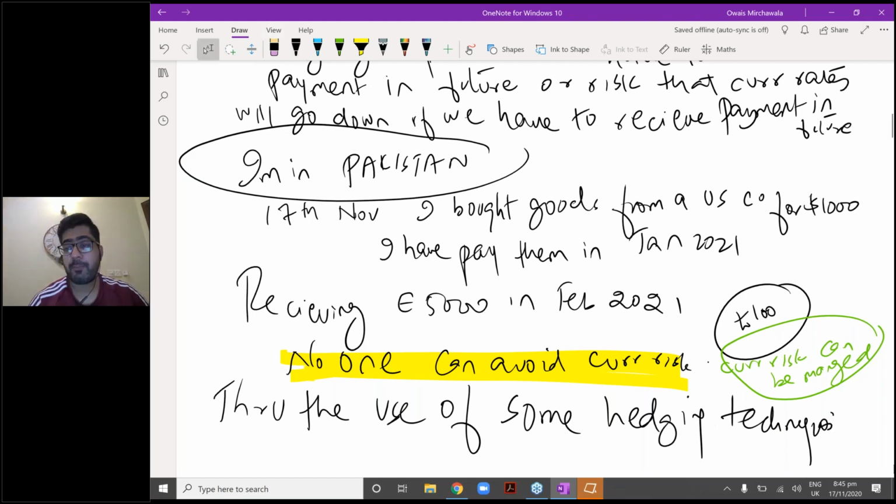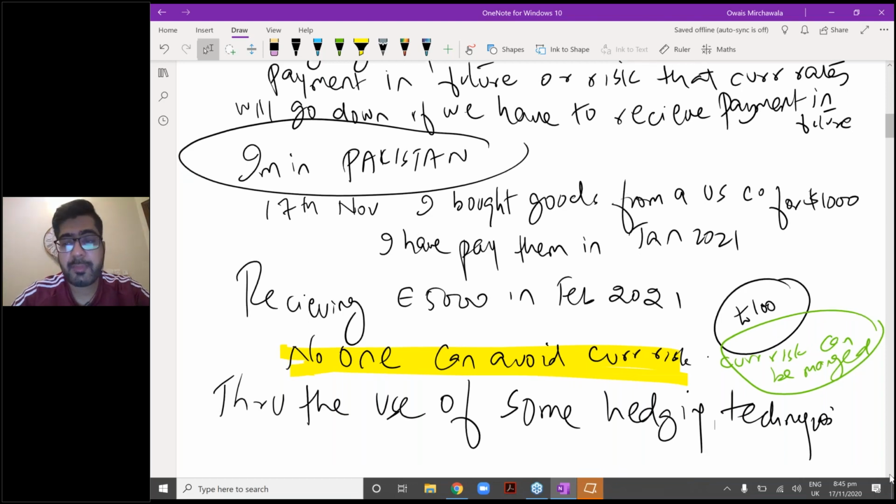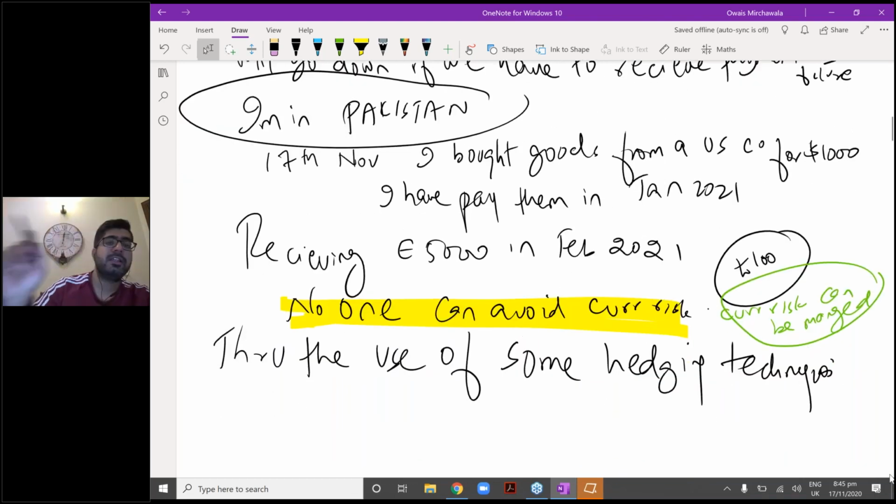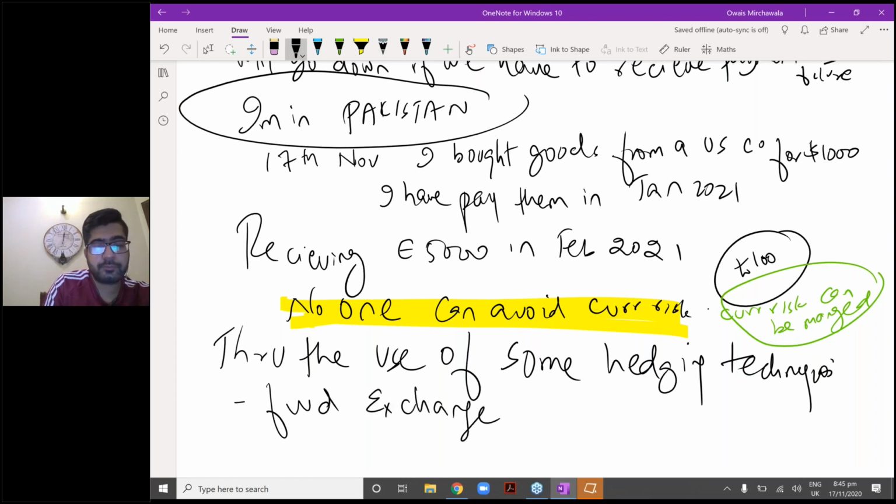Okay, now basically there are many hedging techniques to minimize or manage currency risk, but the most important techniques are 3 hedging techniques which we are going to cover, because in every question these 3 techniques usually come. One is called forward exchange contracts.